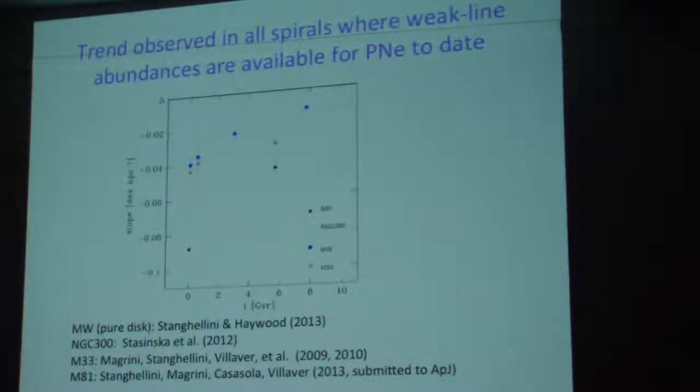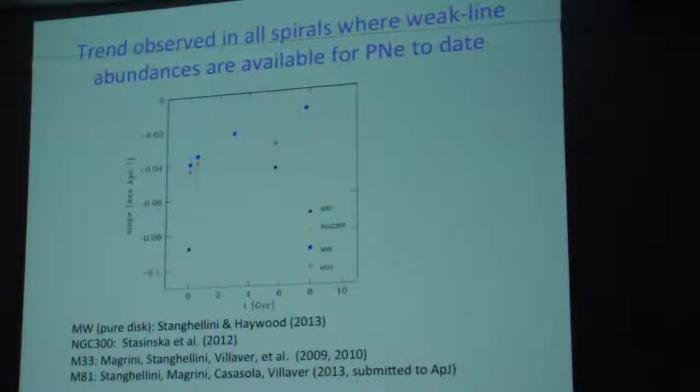And they have to be measured in a sizable range in the galactic plane, otherwise you cannot get the gradient. So these blue dots are the Milky Way results that I will show, H2 regions and type 1, 2, and 3 planetary nebulae. The red dots, the red stars, are the work from Magrini et al.